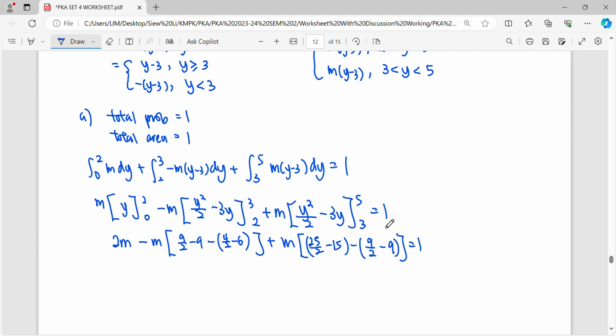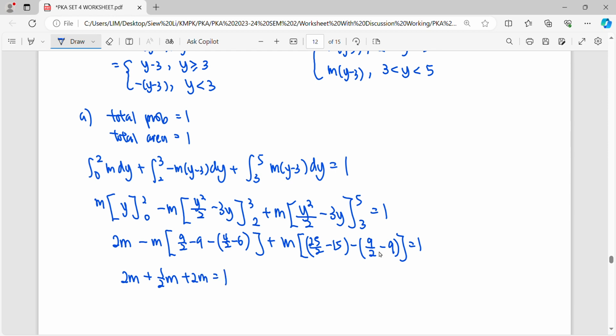Then we figure out how many m here. So how many m here? Negative half? Negative, negative, positive. Is it? Then here how many m? 2.